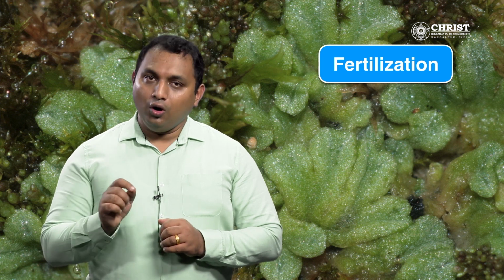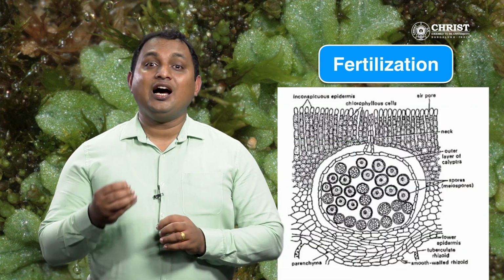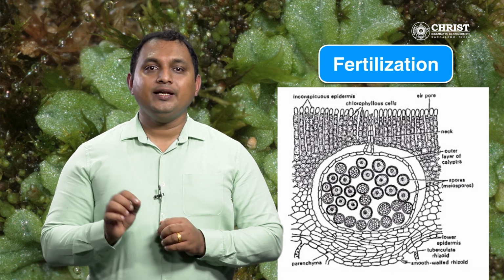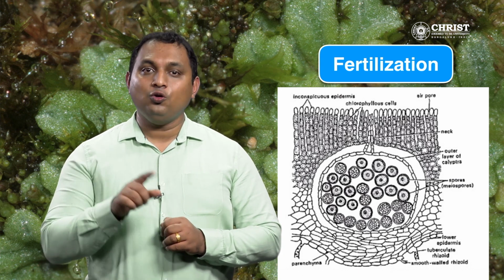The fusion of the nuclei of male and female gametes results in the formation of diploid zygote or oospore. After fertilization, the diploid zygote or oospore enlarges until it completely fills the cavity of the venter of the archegonium. A wall is then secreted around the oospore.